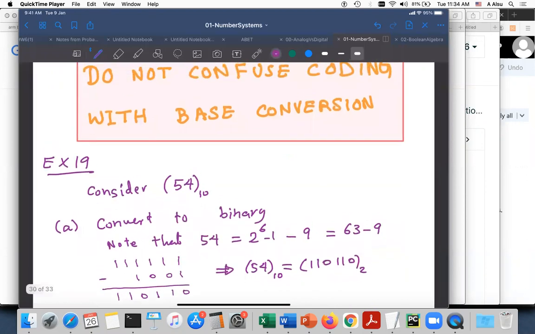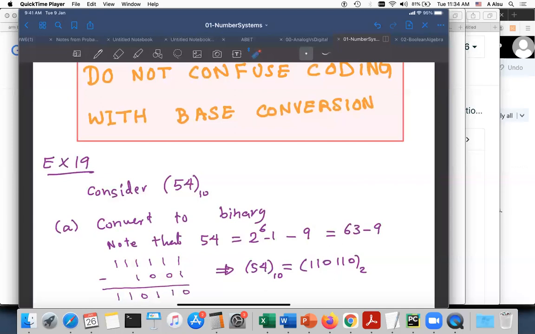So we would like to convert 54 in decimal to binary. Note that 54 is nothing but 2 to the 6, which is 64, minus 1, 63, and then minus 9. So 63 is this one here, minus 9 is this one.